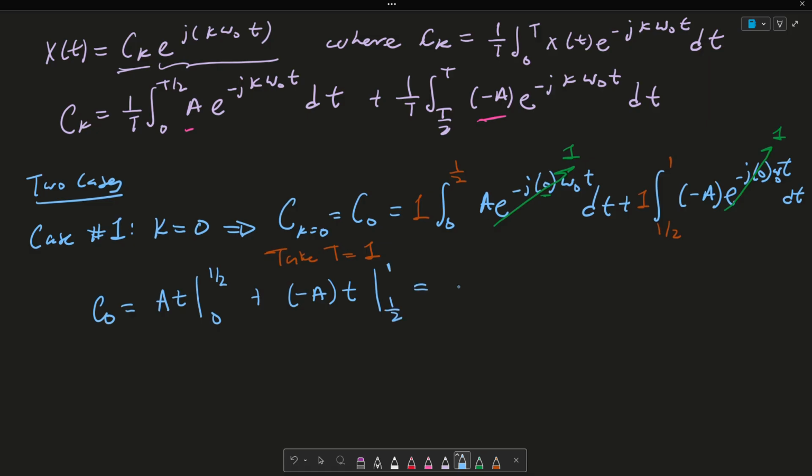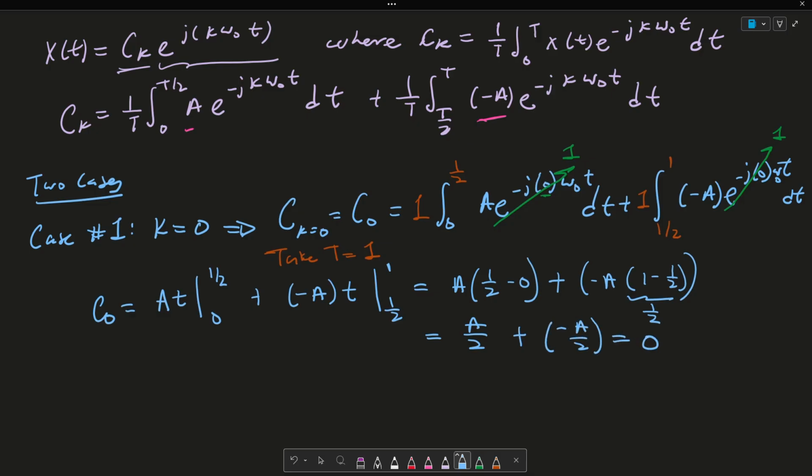This becomes A times 1/2 minus 0, plus negative A times 1 minus 1/2. This then becomes A over 2, plus this is basically 1/2, so minus A over 2. So then this becomes 0.